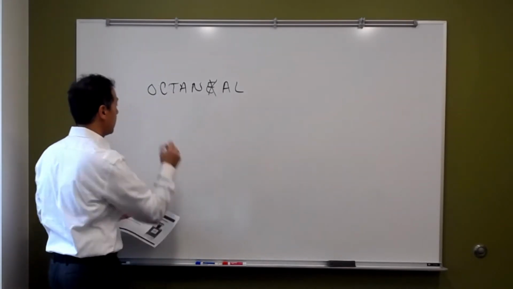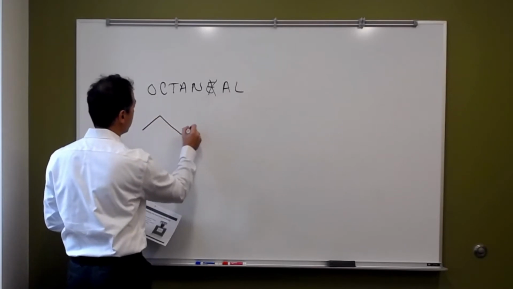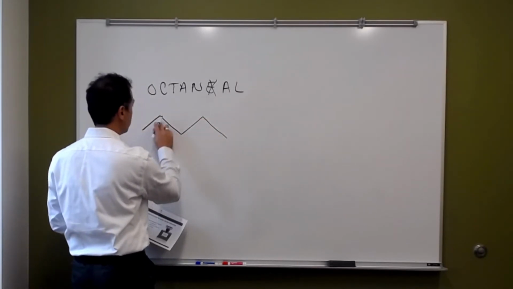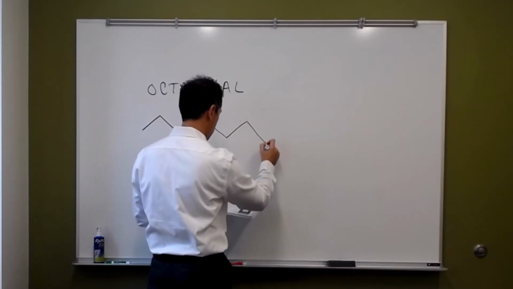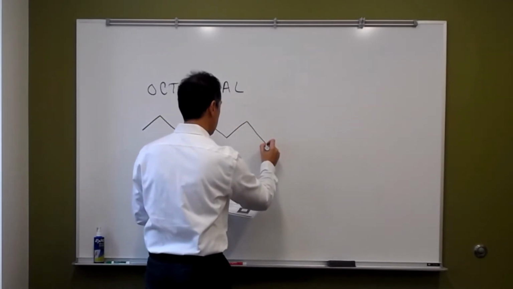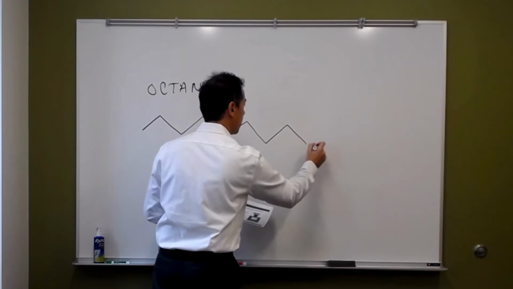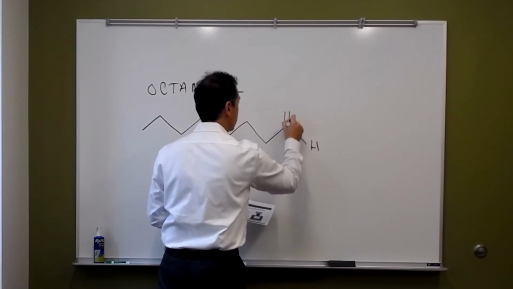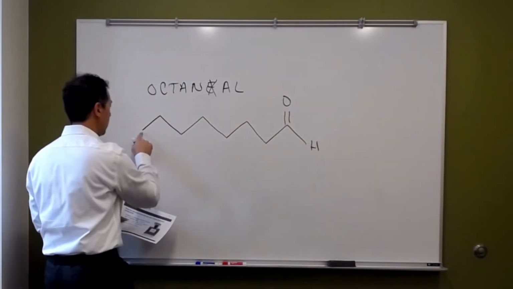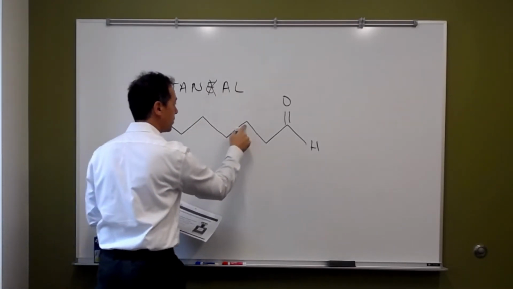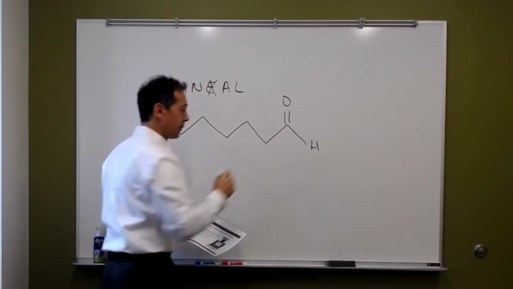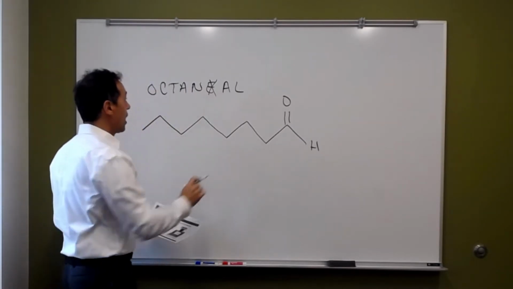So it would look like this. 1, 2, 3, 4, 5, 6, 7, and then 8, hydrogen, and like this. Okay, so this becomes octanal.